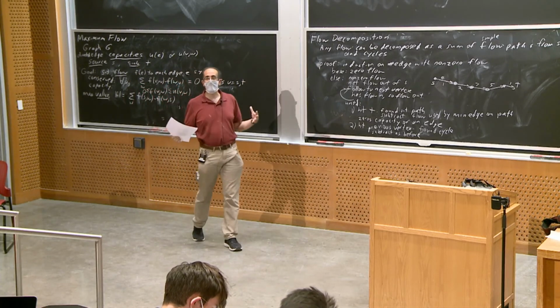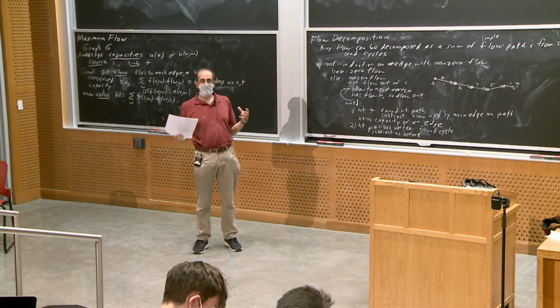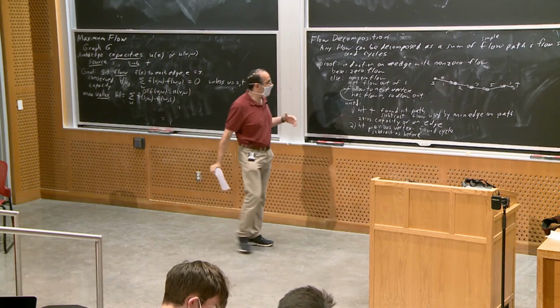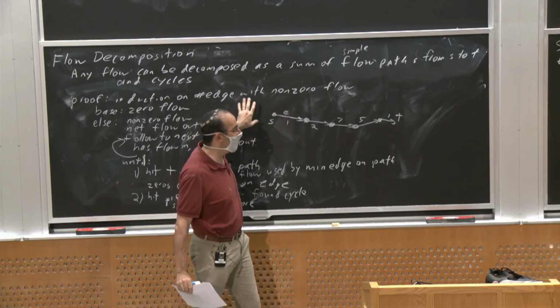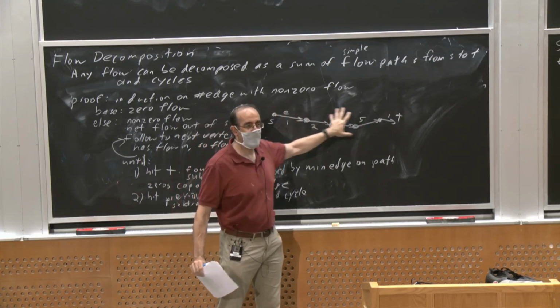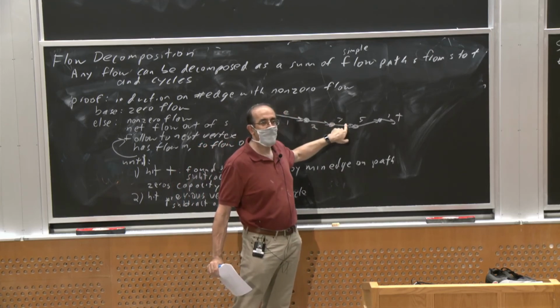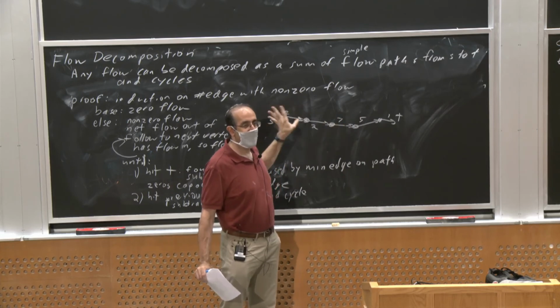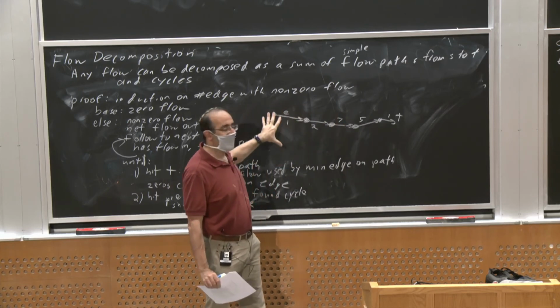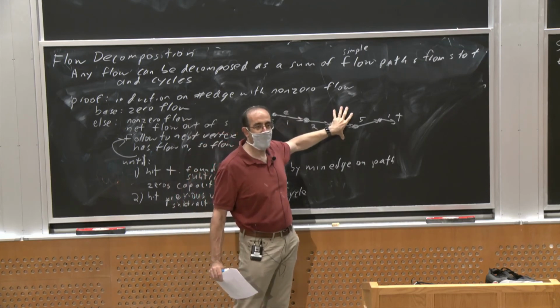So now we've got the whole story. You start at S to collect all of the flow that's leaving S. As long as there's flow leaving S, you pull out these paths, or sometimes a cycle. You just keep on pulling flow out that's leaving S, getting paths and cycles. Once you're done, there won't be any flow leaving S. There might still be some edges carrying flow.